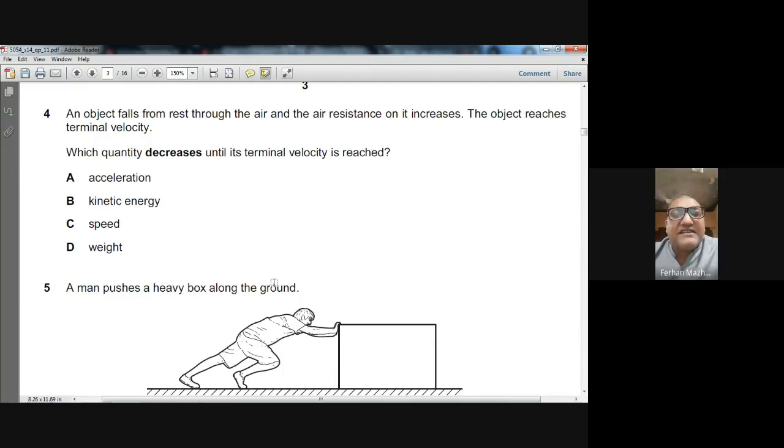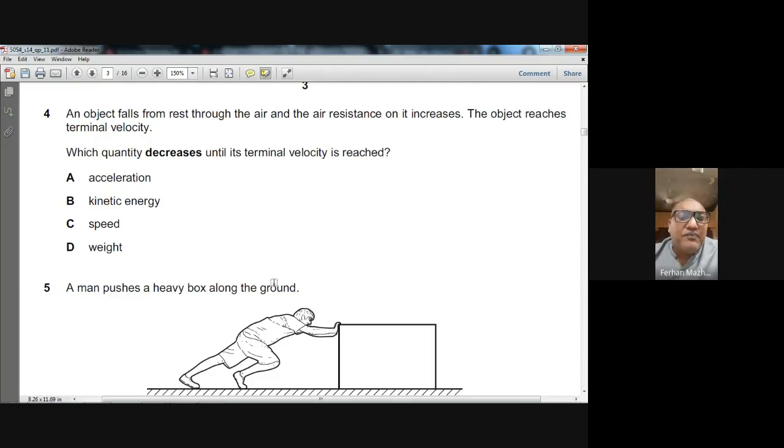But as the air resistance increases, the resultant force will decrease. So the value of the acceleration will decrease. Let's say at the start it will be 10 meters per second squared. In the next moment it might be 9, then 8, then 7. When the weight and the air resistance become equal, the acceleration value will become 0.